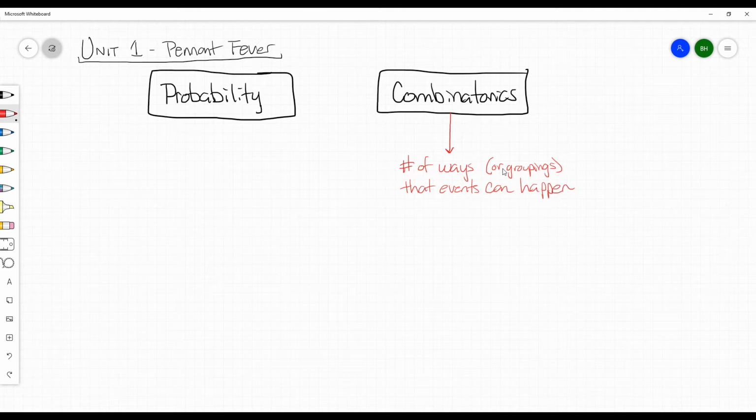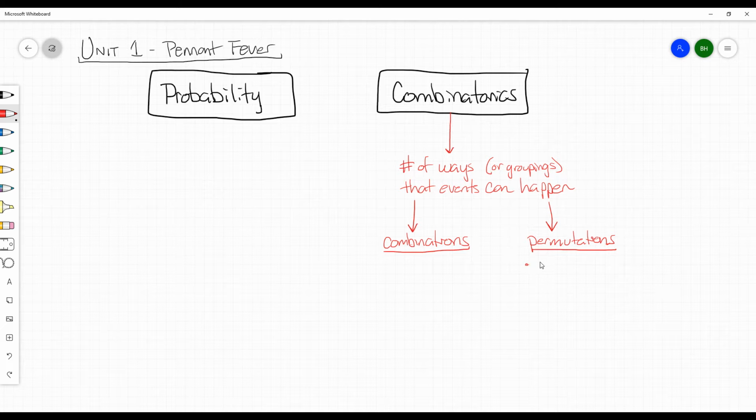So this is broken up into two different concepts known as combinations or permutations. Combinations are a certain type of grouping, and permutations are a certain type of grouping.